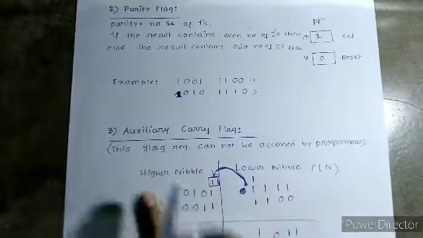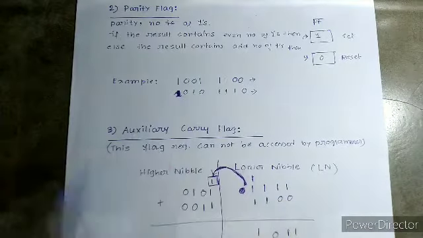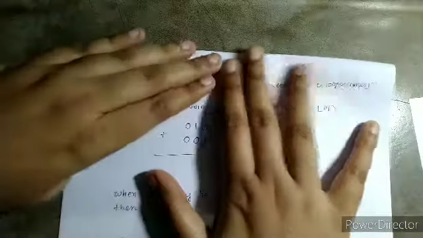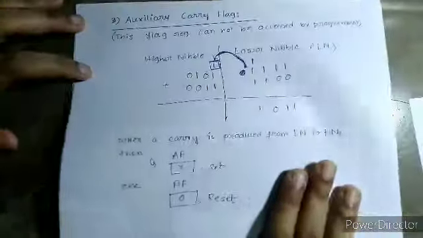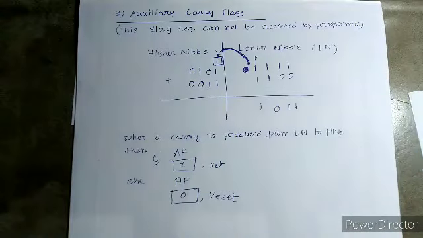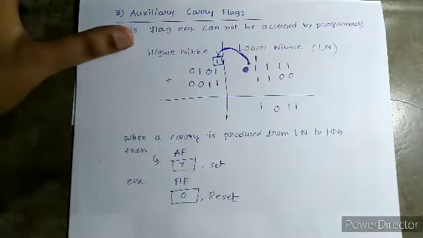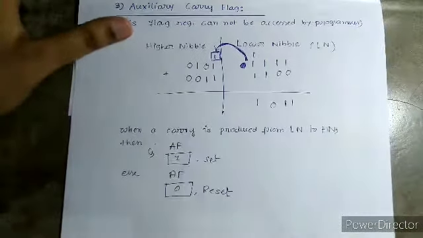Next is the auxiliary carry flag. First we should remember that this flag cannot be accessed by the programmer. This is only used by the processor. You can't perform anything on this flag. Then why do we need it? We all use the term very often, like when you are eating something, you can say take a bite of this.